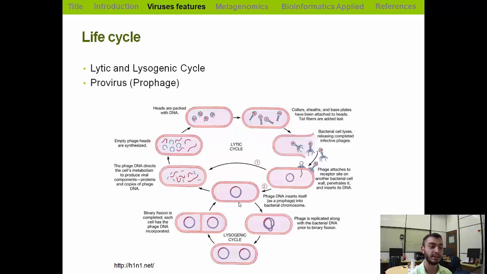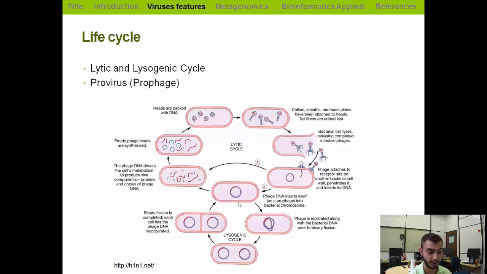But what is interesting is that they can incorporate their genetic material in the genome of the bacteria or the genome of the cell and become a prophage or a provirus. And this prophage or provirus will reproduce within the cell, with the machinery of division and replication from the cell.